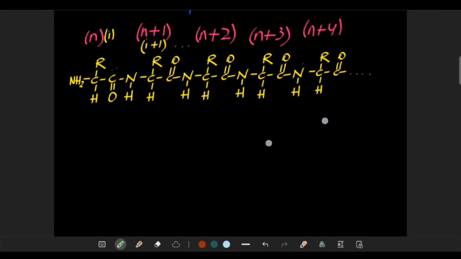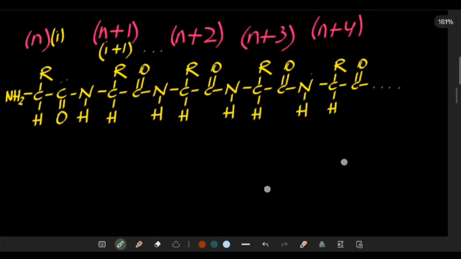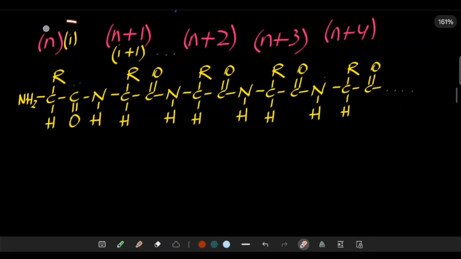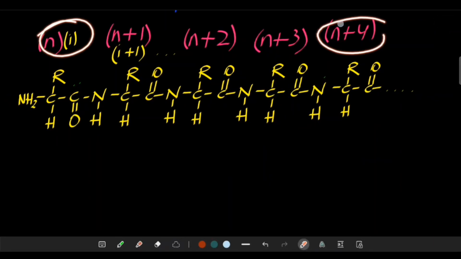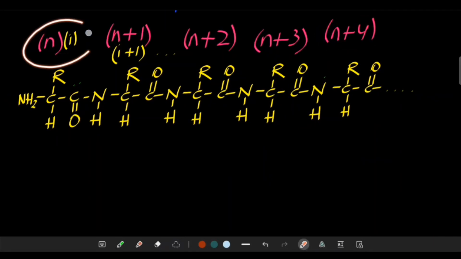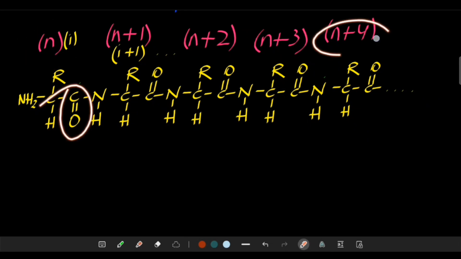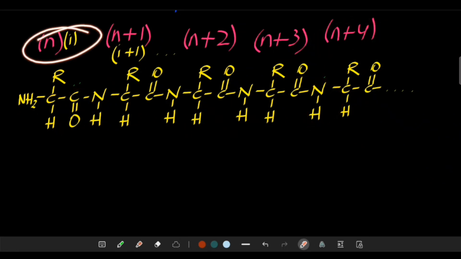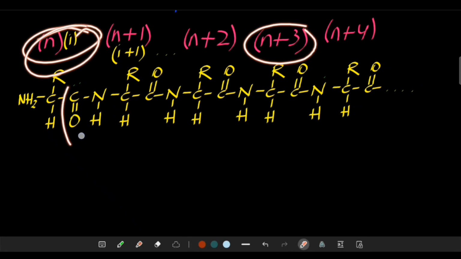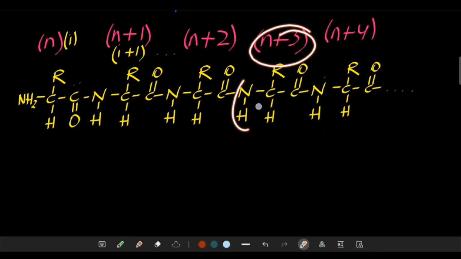In the alpha helix, this was involved and this was involved, right? From here we had the C double bond O, and from here we had the NH group. Now in beta, this will be involved and then this will be involved. From this we have the carbonyl group, but from this we have the NH group, right?